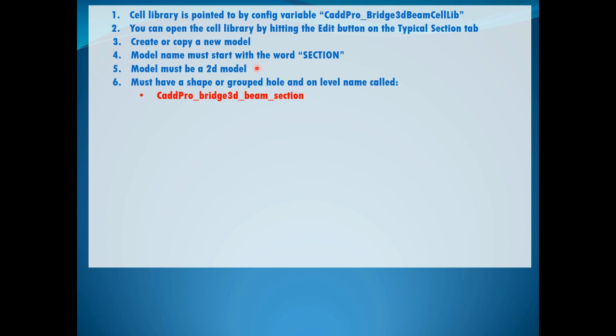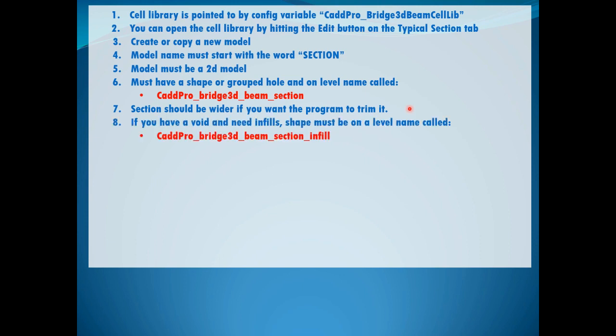Must have a shape or a group tile on a level name called CaddPro Bridge 3D Beam Section. The section should be wider if you want the program to trim it back. If you have a void and need infills, a shape must be on a level name called CaddPro Bridge Beam Section Infill.